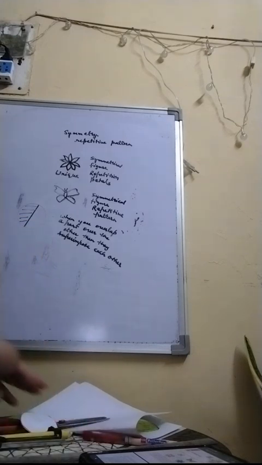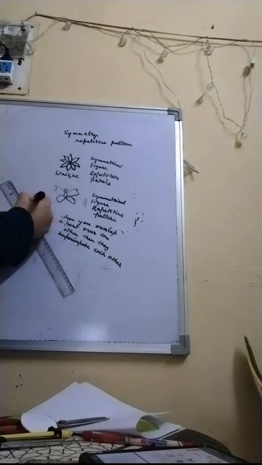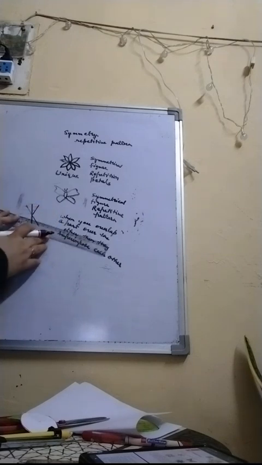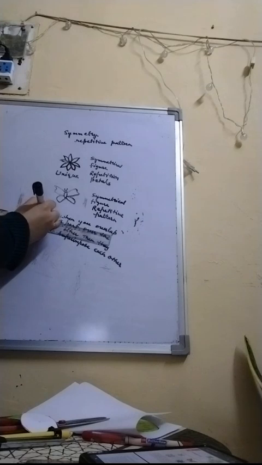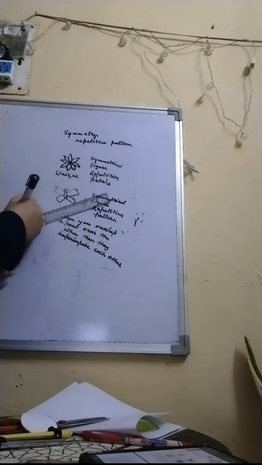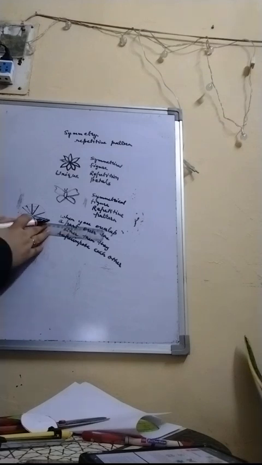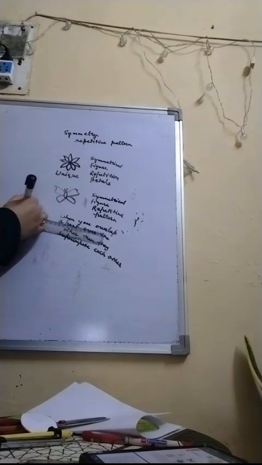So how is the wheel made? It has a number of rims. So all these rims are arranged in a bicycle wheel. All the rims are arranged in a symmetrical pattern.